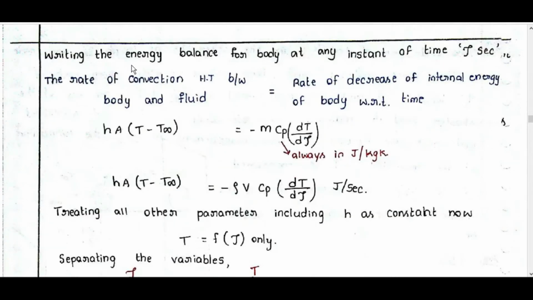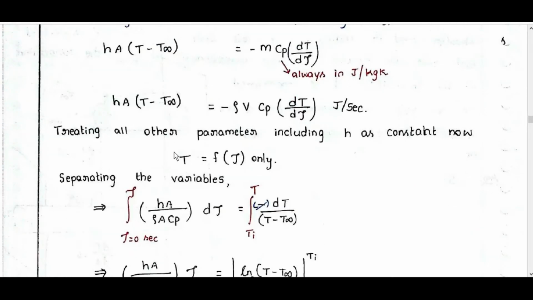Writing the energy balance for the body at any instant of time, the rate of convection heat transfer between body and fluid is equal to the rate of decrease in internal energy of the body with respect to time. HA into (T minus T infinity) is equal to minus m Cp dT by d tau, that is minus rho V Cp dT by d tau joule per second. Treating all other parameters including H as constant, now T is a function of tau.